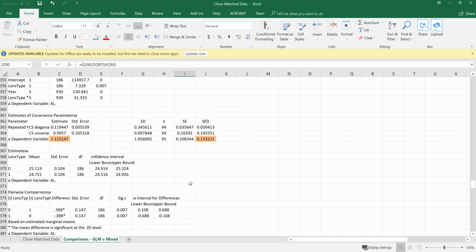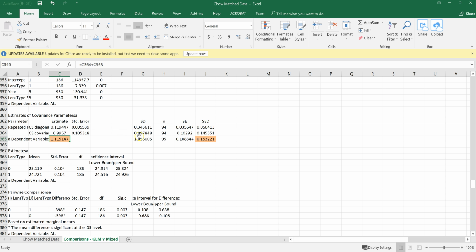If we come down here, we see our covariance term. Now this one is a little more complicated. Instead of it being this value, which is the CS, the compound symmetry diagonal estimate, we actually have to add these two together, because it's both between and within when we're looking at the difference between means.